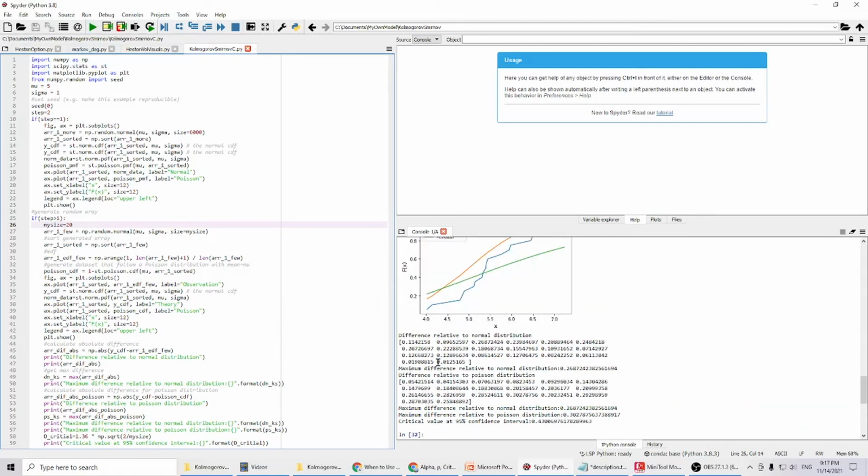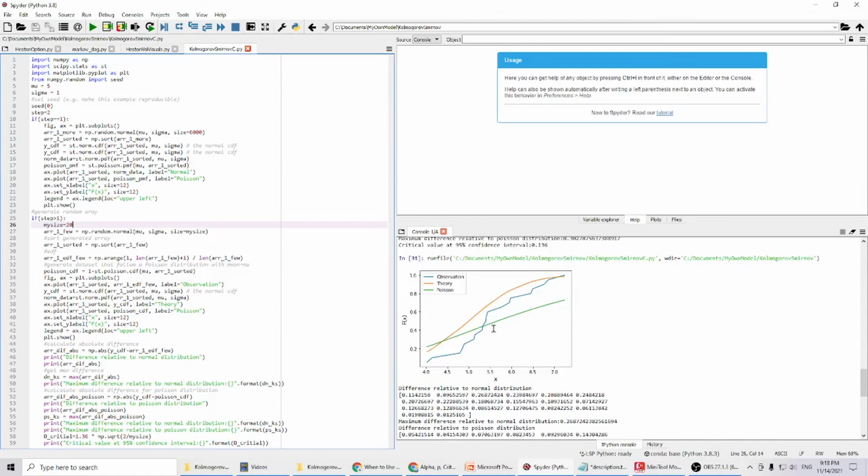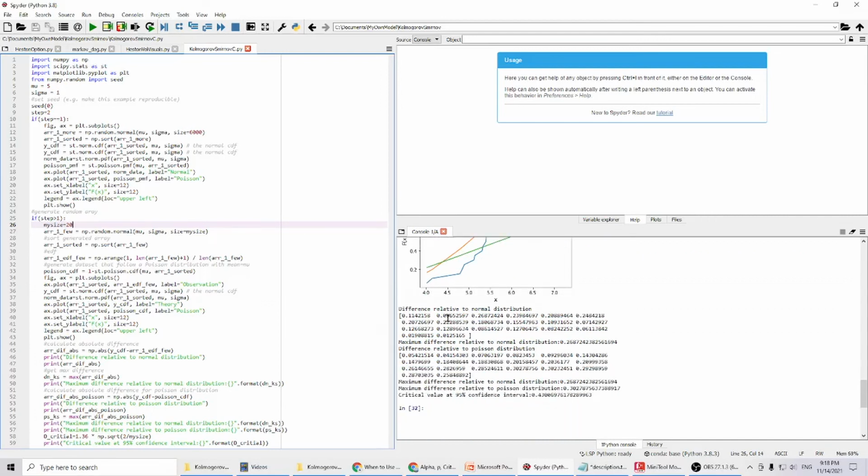If we run the program, from the graph you can see our sample data is not that close to the normal distribution curve. And if we check the numbers, you can see the maximum difference relative to the normal distribution is 0.2687 something, and the maximum difference relative to the Poisson distribution is 0.30278 something, and the critical value now is 0.43.